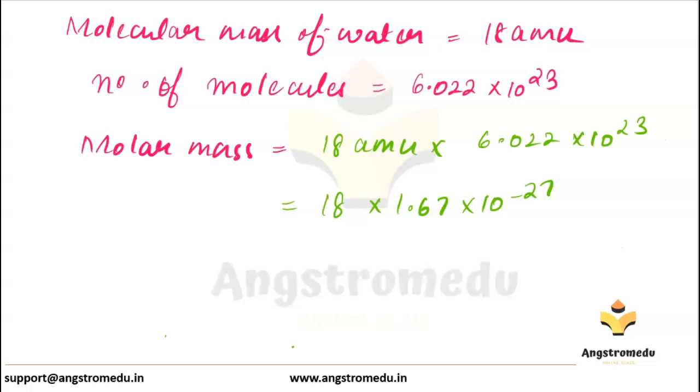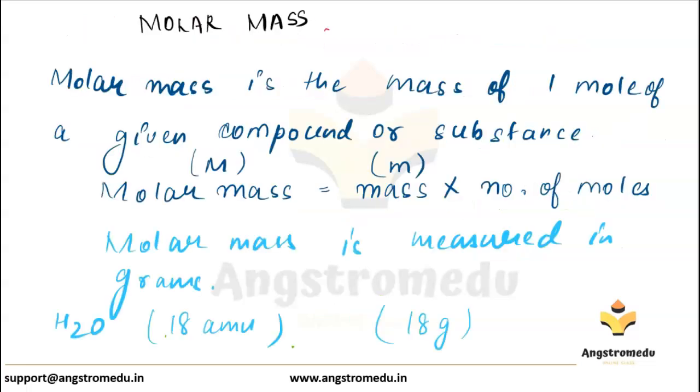So it will be 18 into 1.67 into 10 raised to power minus 27 into 6.022 into 10 raised to power 23. When we solve this, we get 18 gram. So the correct answer is that only AMU will be replaced by gram when we convert a molecular mass into molar mass.